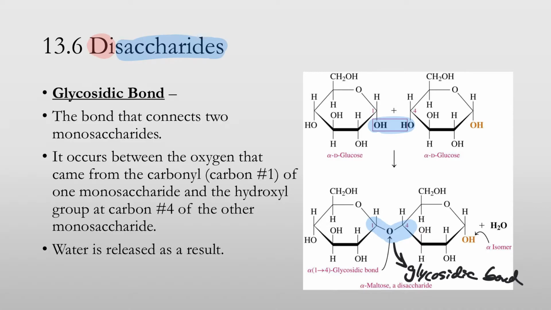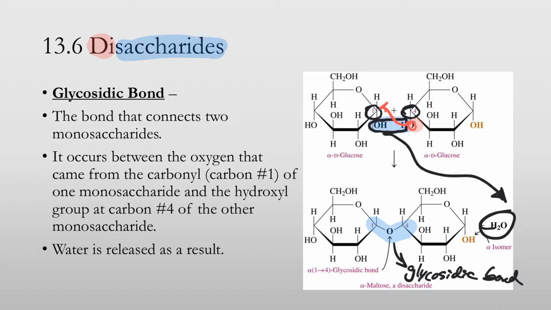And so you can see the alcohol on carbon 1 has reacted with the alcohol of carbon 4 in this case, and it has emitted a water molecule. So the oxygen and hydrogen there plus that oxygen are going to leave to form the water. The oxygen there is going to basically attack that position.